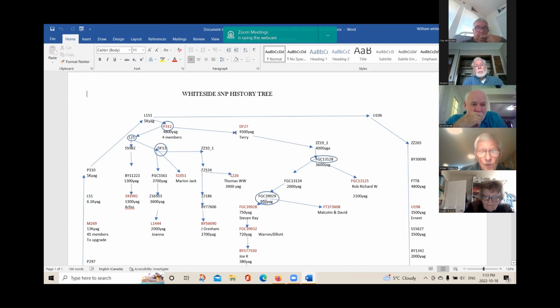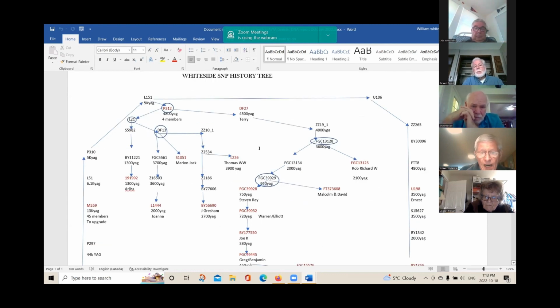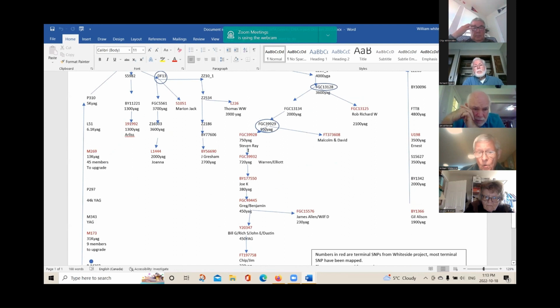The main group comes down here, Terry to 13128, and then these guys are all on that chart that we just saw that Chip did. And at the end of this, what I'm going to suggest as my next steps is trying to overlap or to join this data with Chip's data.